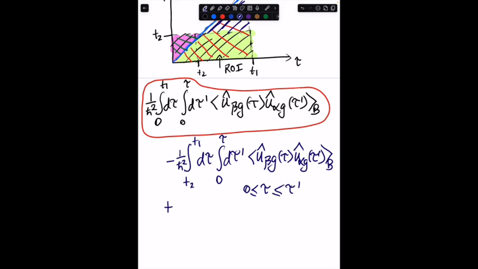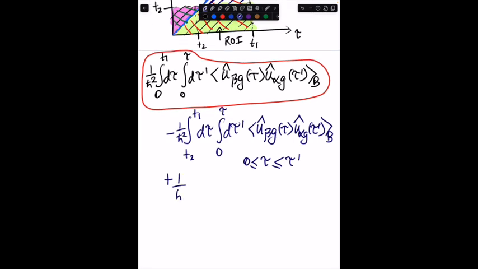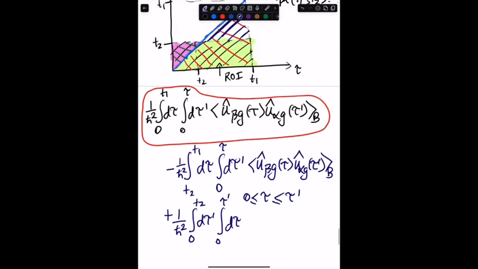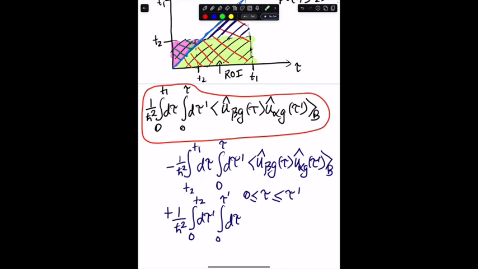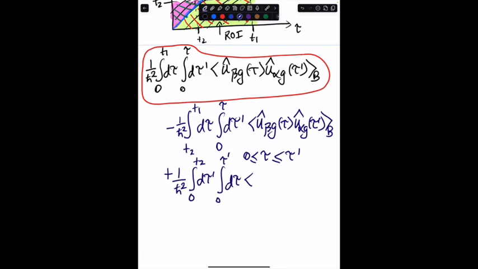So tau will be the inner integral and tau prime will be the outer integral, and tau prime is being integrated from 0 to t2, as can be seen here. So I write 1 upon h bar squared, from the function, 0 to t2 d tau prime, 0 to tau prime d tau, because in this region, repeating one last time, tau prime is larger than tau. You write the function then: u hat beta g tau, u hat alpha g tau prime.